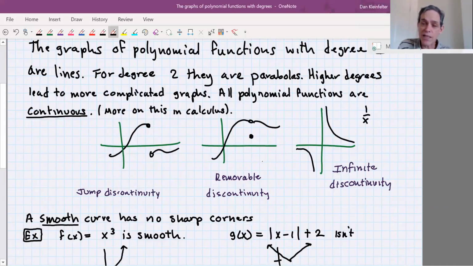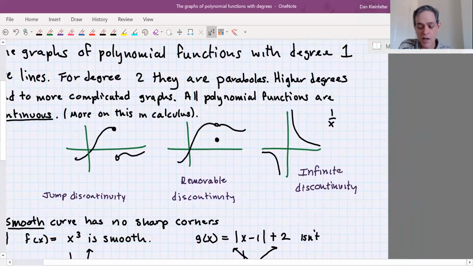A removable discontinuity is called this because you could actually remove the discontinuity just by changing one function value. With the jump discontinuity, you wouldn't be able to patch the hole by fixing one value. That's the difference between a removable and jump discontinuity.